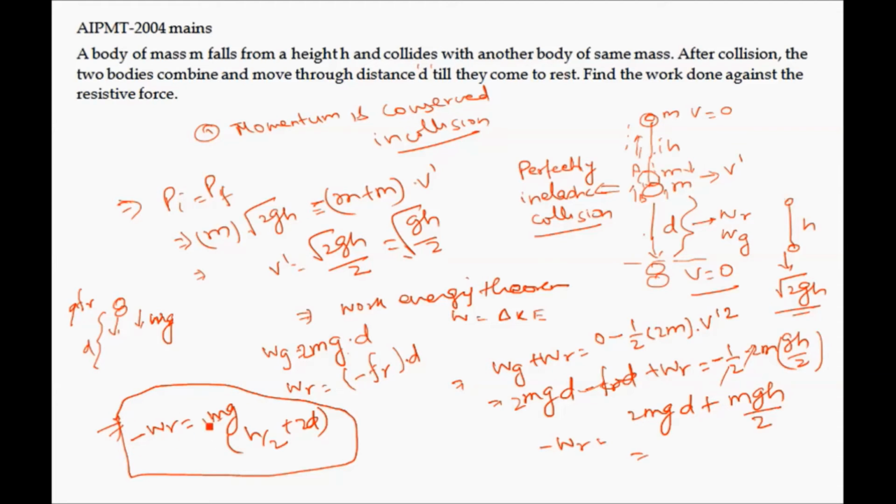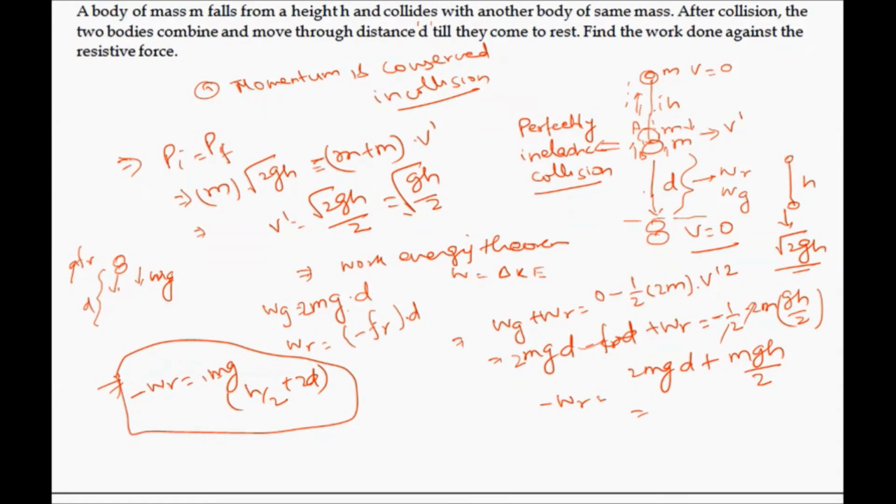So the work done against the resistive force is equal to mg into (h by 2 plus 2d). This is the important concept: in a perfectly inelastic collision you cannot apply conservation of energy. If you try to solve it through conservation of energy, it will be wrong. The conservation of energy theorem will not be applicable in the case of a perfectly inelastic collision.